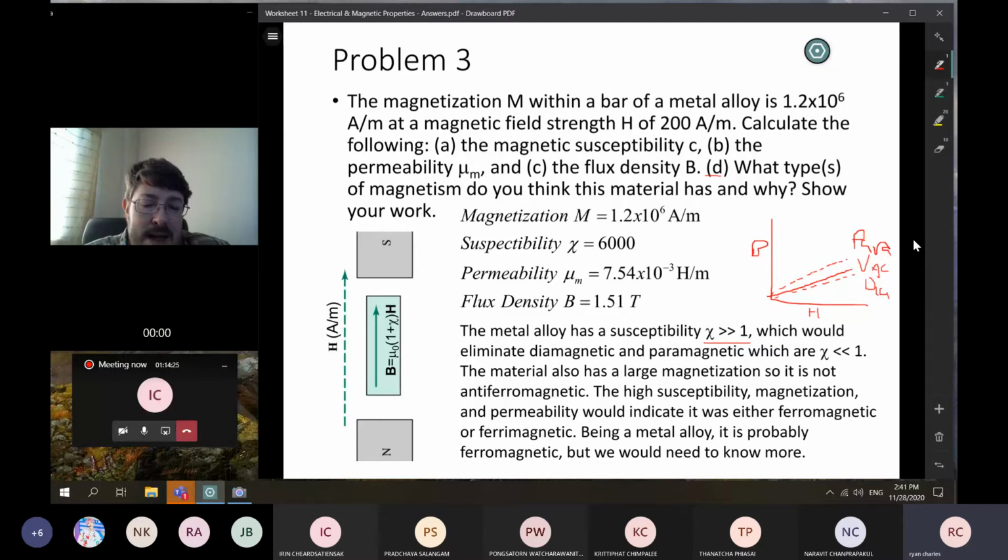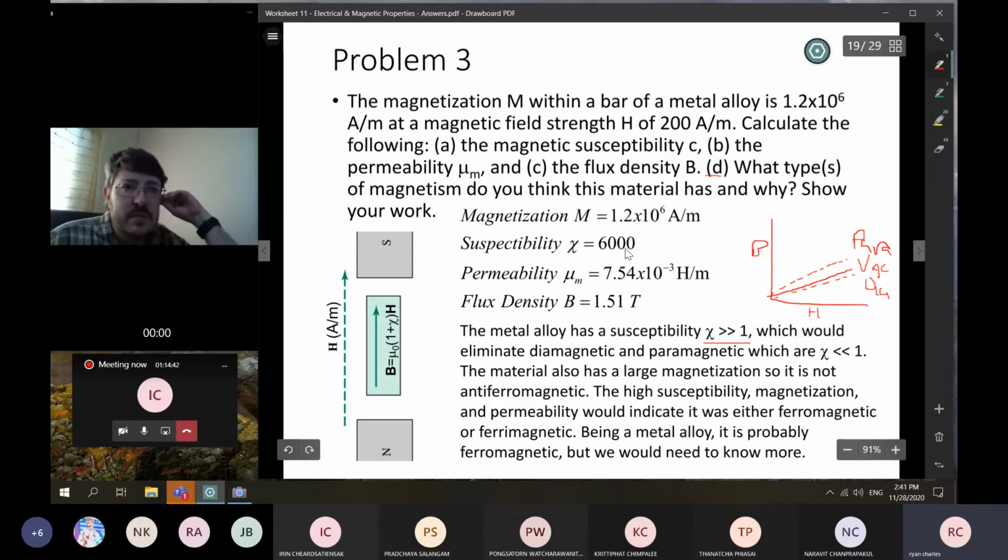Diamagnetic is just below, negative, and paramagnetic is just above, positive, but both are around 10 to the minus 6, tiny little numbers. So we can eliminate diamagnetic and paramagnetic, because those are typically way less than 1, either positive or negative.